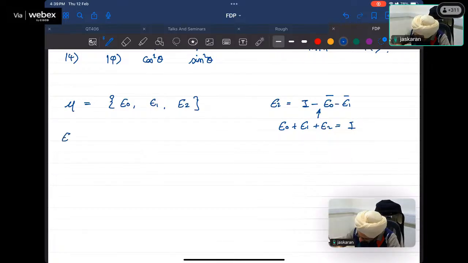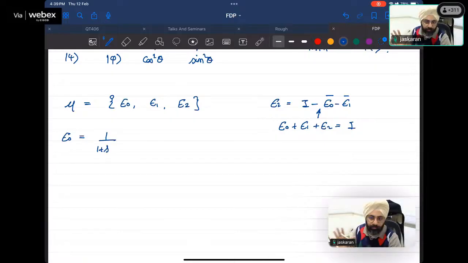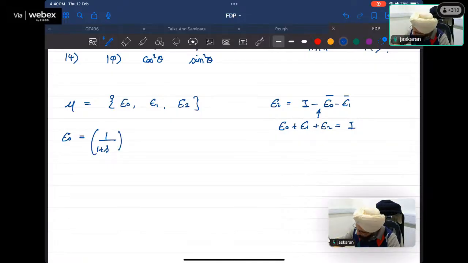I want to design this particular measurement. So I will say E0 is 1 by 1 plus S. S is some parameter here, which I will come to later on. It has some particular value, but for the moment we will treat it as a parameter S, and I have a projector pi 0 perpendicular, which is nothing but ket 1 1.